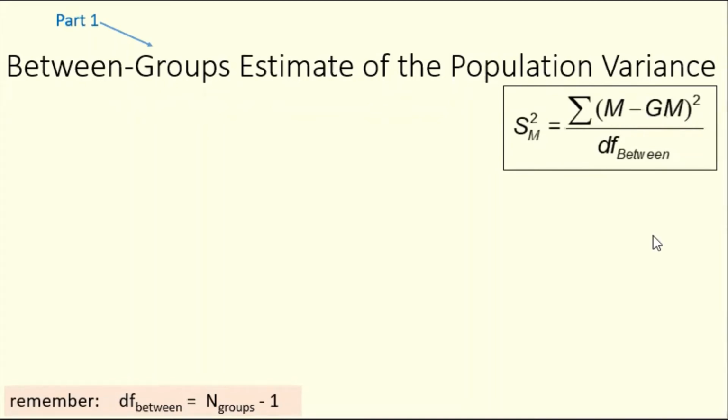And in this case, we want the sum of the squares of these deviation scores that are the mean minus the grand mean. And the grand mean is essentially the mean of the means. It's the mean of all of our scores, not just in one condition, but in all our conditions.